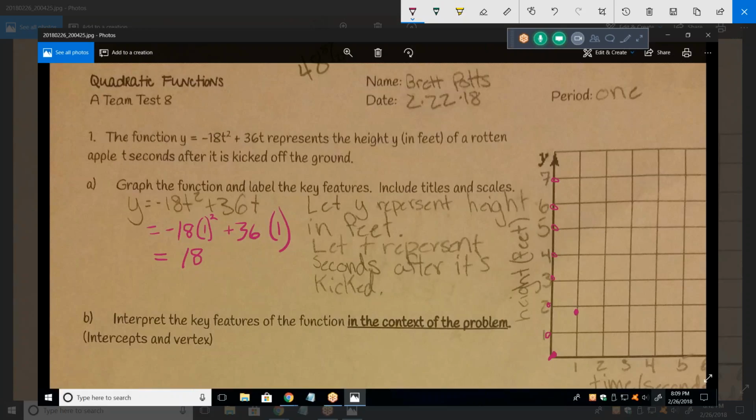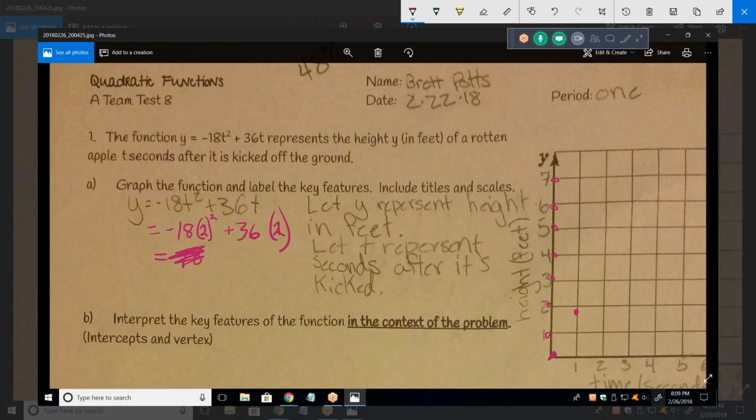About at 2 seconds. If I plug in a 2 instead of a 1, now what do we got? I feel like I'm doing it wrong.